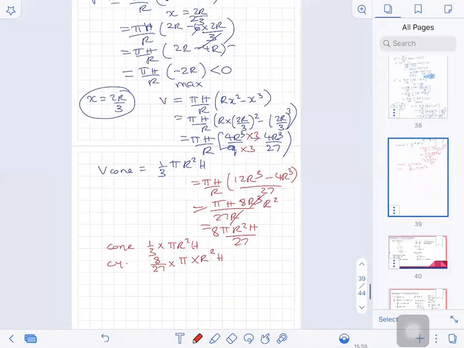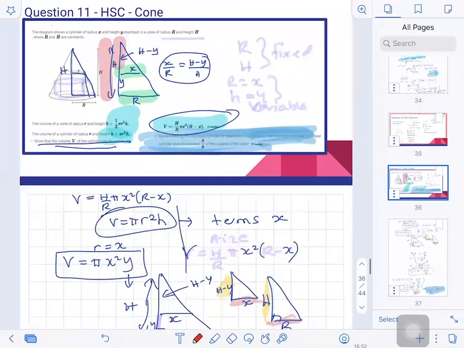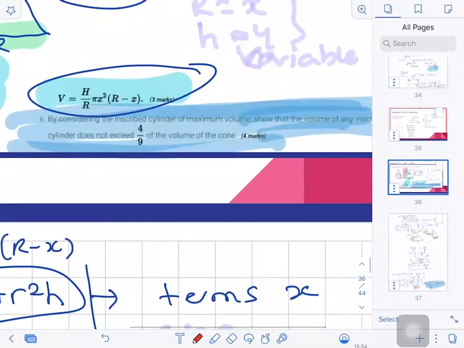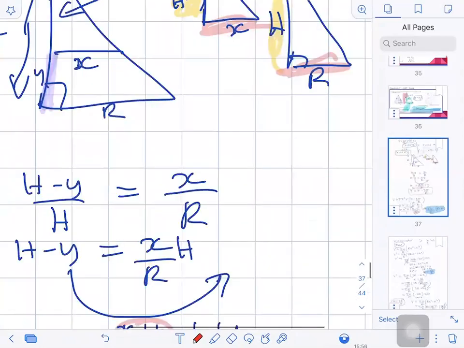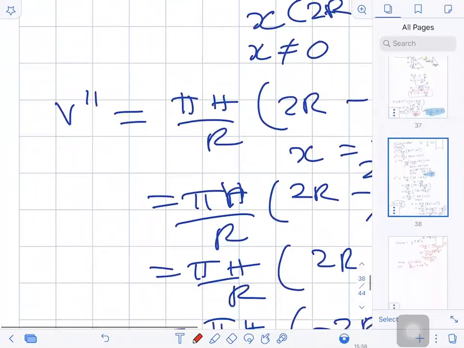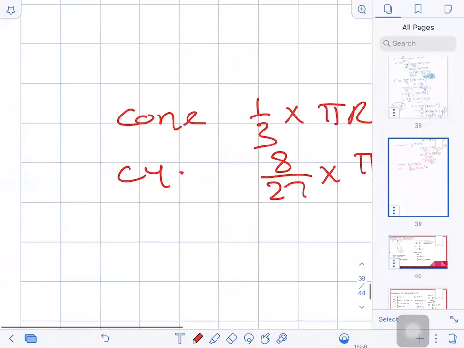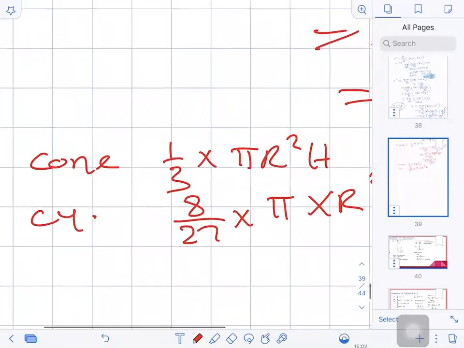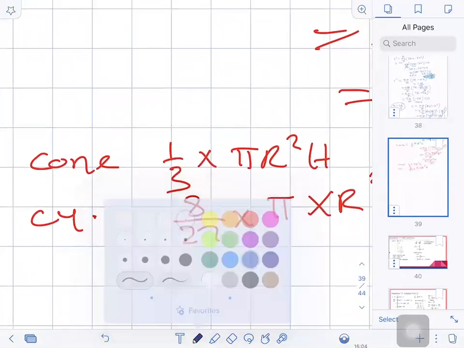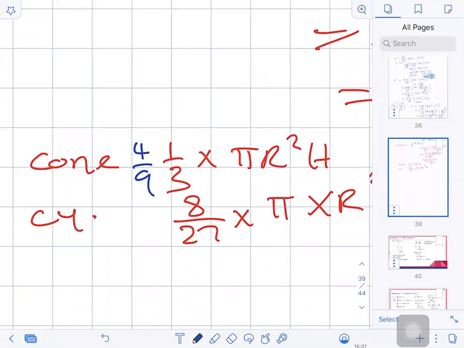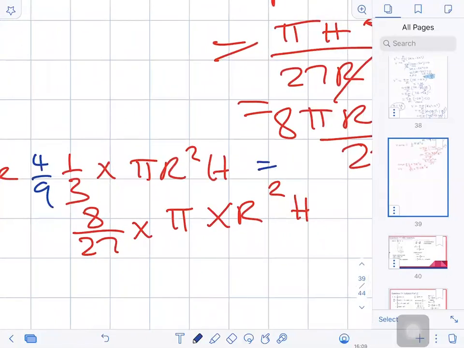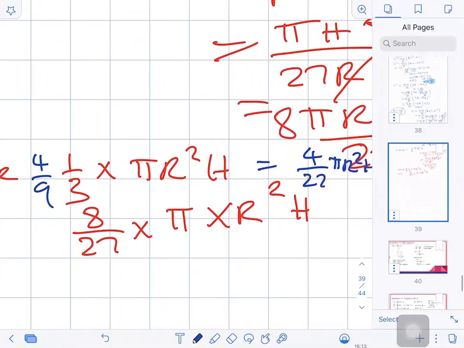So we want to know that the cylinder doesn't exceed 4/9 of the cone. All right, so 4/9 of the cone. So there's the cone, that one there. What happens if we multiply that by 4/9? You will get 4 on 27 pi r squared h.